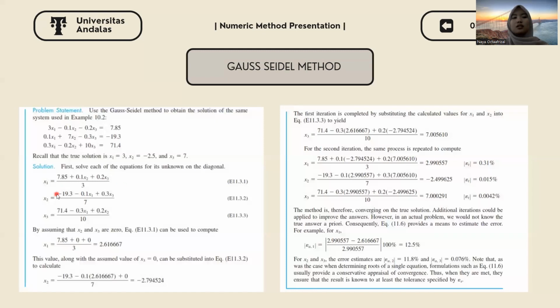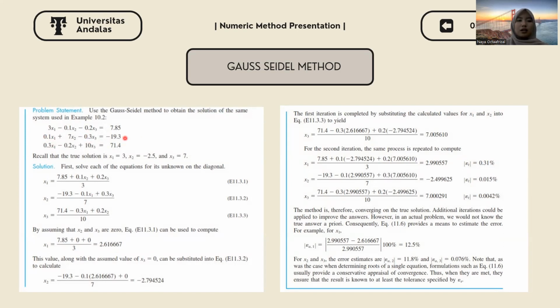So the x1 is equal to 7.85 plus 0.1 x2 plus 0.2 x3. And then the x2 is equal to minus 19.3 minus 0.1 x1 plus 0.3 x3.